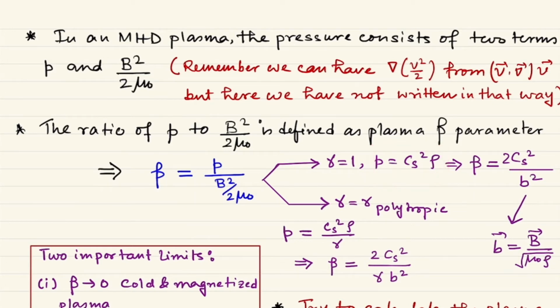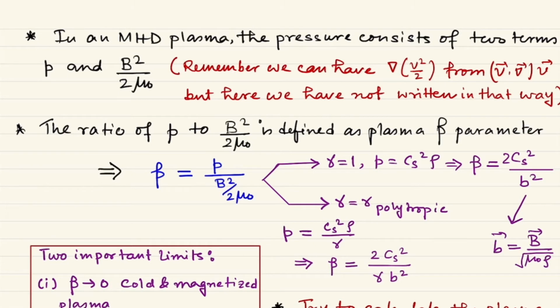So for an isothermal fluid, P is equal to Cs square times rho, and beta is equal to 2 Cs square by b square, where this small b is introduced deliberately, and is of much importance for physicists who work in space physics mostly.